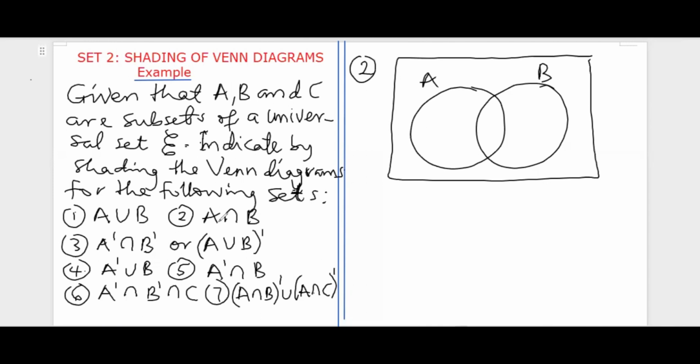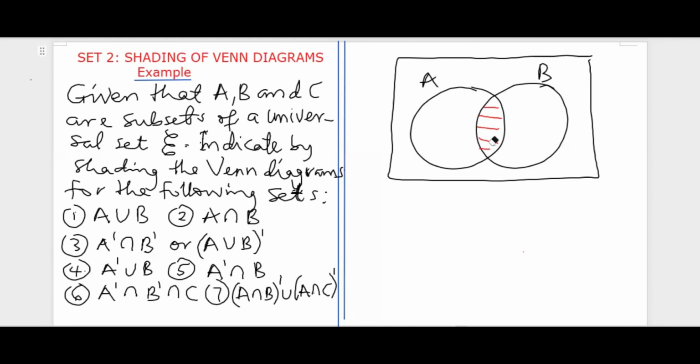A intersection B simply means what is common to A and B. The elements that appear in A and they also appear in B. They are elements common to A and B. And if you check this diagram, it is this portion where the two circles overlap each other. So this is simply A intersection B.